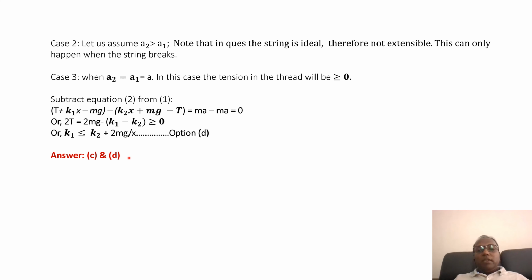So for that we will subtract equation 2 from 1. We will come to this expression, and from here finally we will get K1 is less than or equal to K2 plus 2mg by x. This is what is given in option D. So option D is also correct. So our answer will be option C and option D.